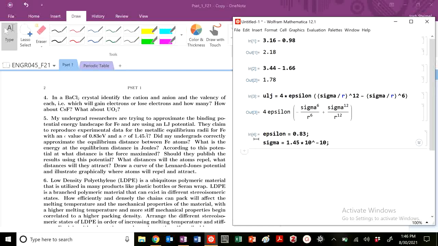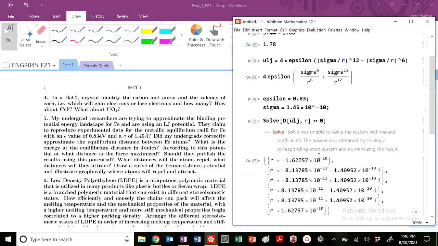Did my undergrads correctly approximate the equilibrium distance between Fe atoms? So what is the potential? I need to find the equilibrium distance. I know my equilibrium distance is when my energy is minimized. So I'm going to take the derivative of U_LJ with respect to r, and solve for when this is equal to 0.